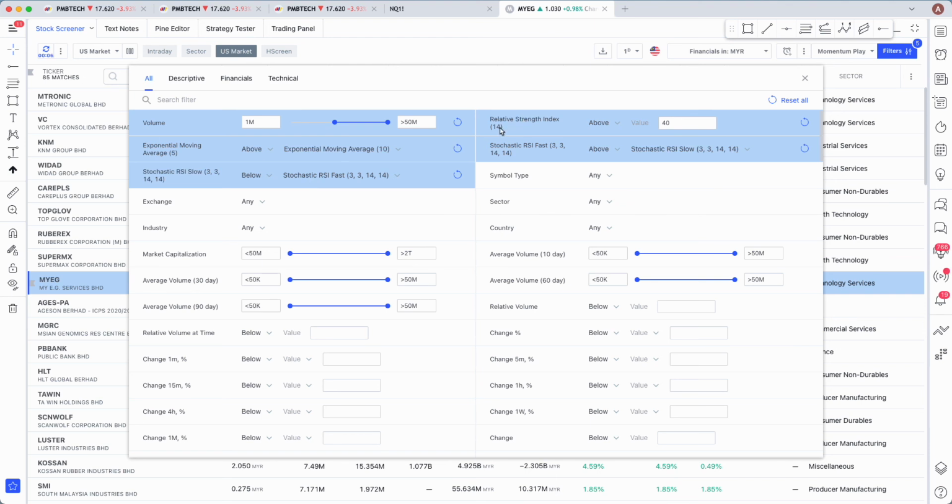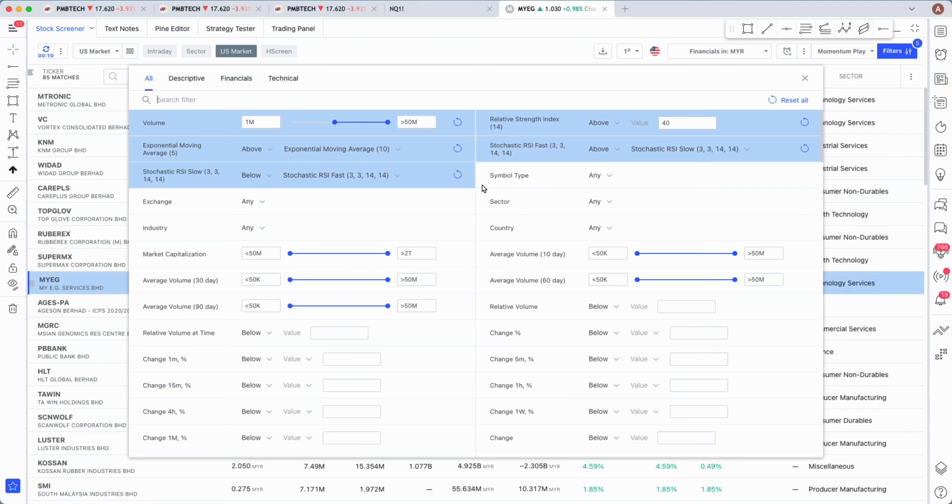So next, relative strength index above 40. The reason I choose 40 is because I want it to break 40, right? From below 40 to above 40, because the understanding is if the RSI breaks the 50 level, or trades above the 50 level, it can be called an uptrend direction.